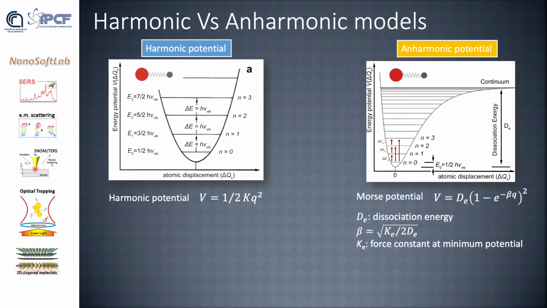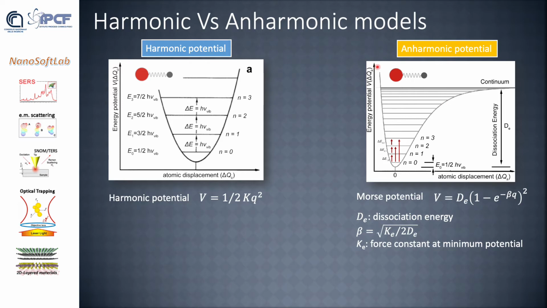So far, we have described the potential as a harmonic potential. Actually, the potential that describes the binding between two atoms in a diatomic molecule is not harmonic.